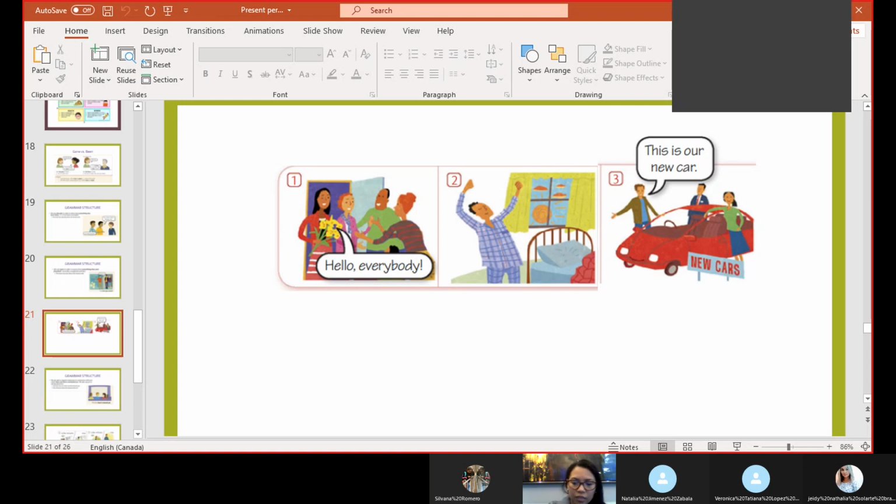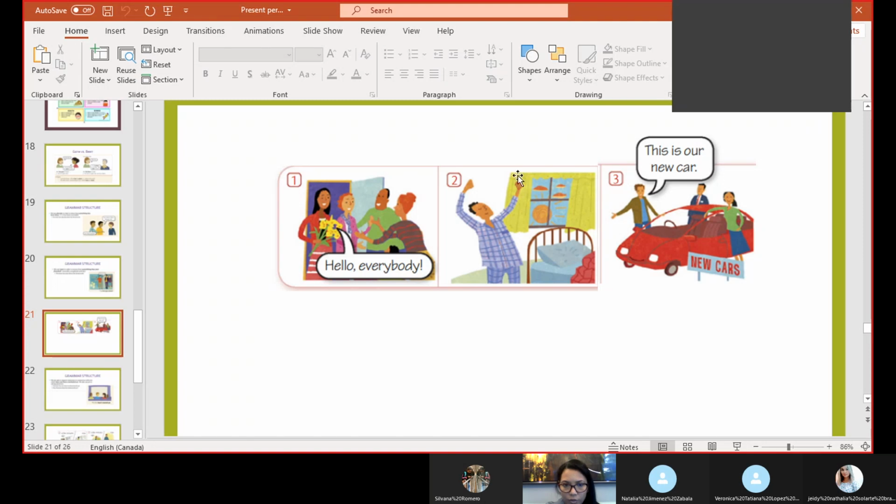Yeah, so in these pictures, we're trying to use just or already, right? So, for example, in the first picture, they've just arrived, like recently, right? Just, they have just arrived.